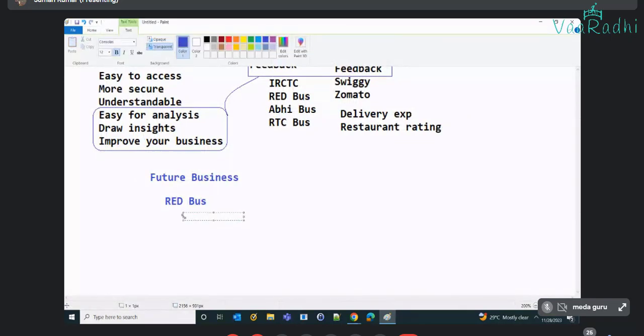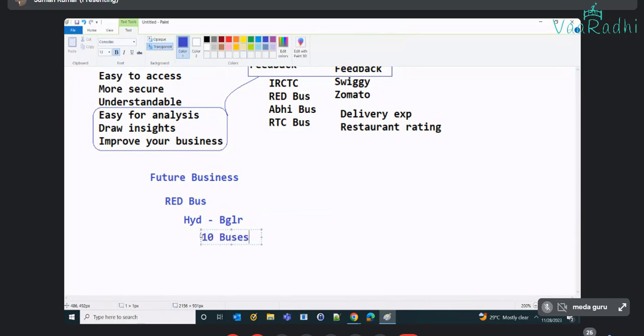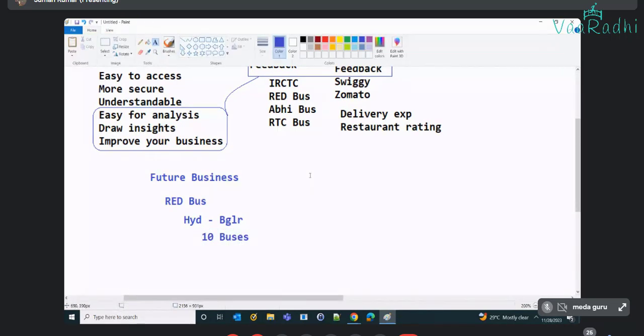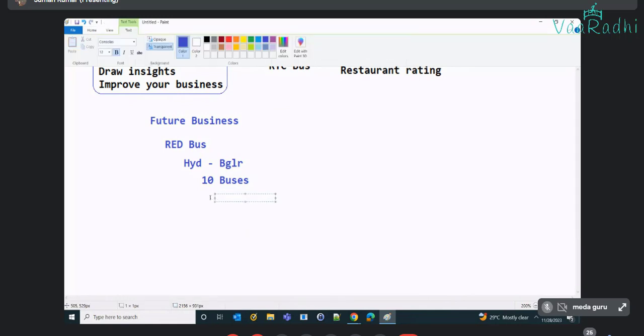I'm going to search for buses from Hyderabad to Bangalore. In the result I'll be shown 10 buses of different operators, government and private operators. What are the key things you look at when you have travel listed for your desired route? Two things we look at: price and rating.